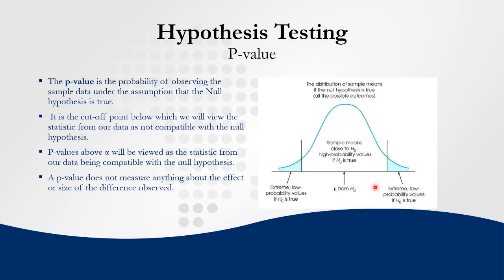That's what I've put there. And we said that alpha is usually set at 0.05, sometimes 0.01, and we've defined what alpha is. Then the other aspect to the bullet is the p-value.